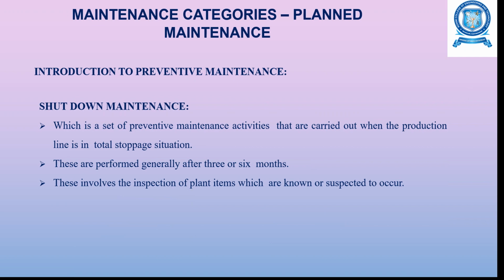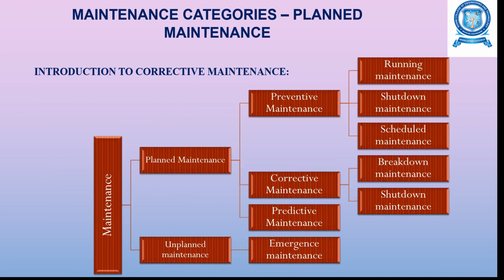These are performed generally after 3 or 6 months of equipment operation. This involves inspection of planned items which are known or suspected to occur. So this is what shutdown maintenance is.